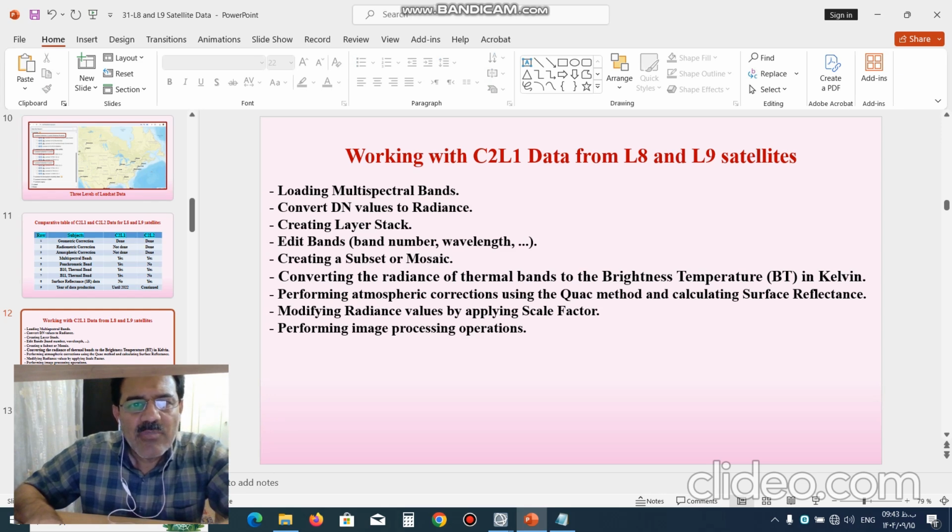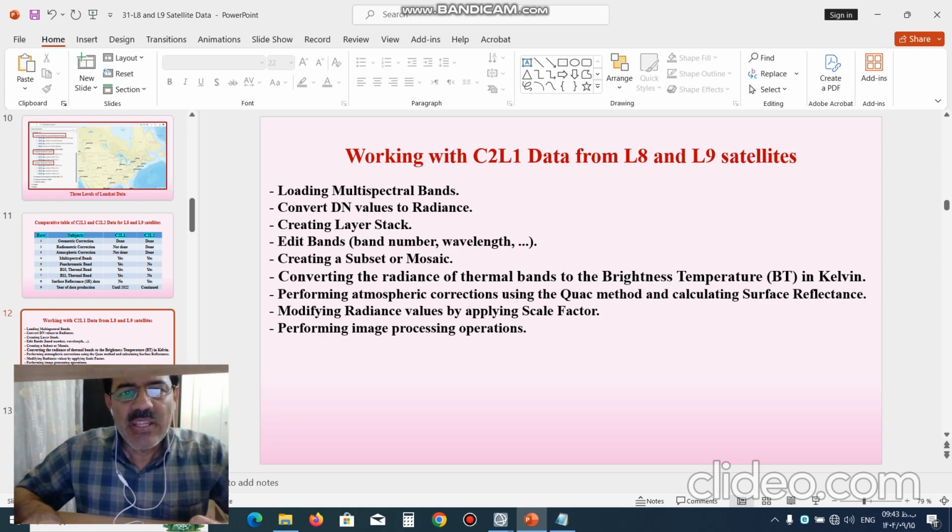We convert DN values to radiometric radiance in the next section. At the next session we continue this study for converting DN values to radiance.